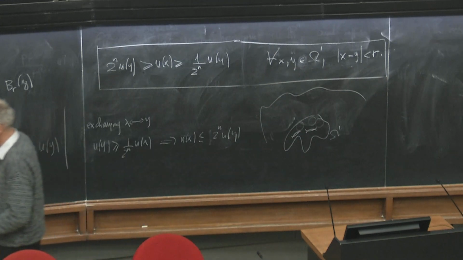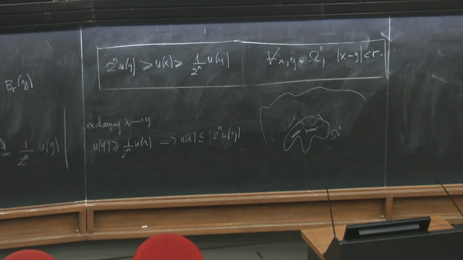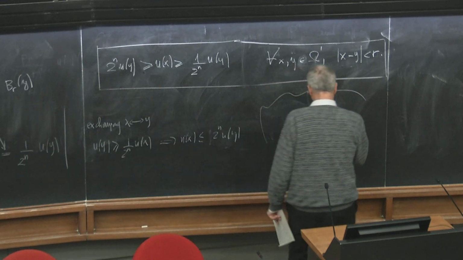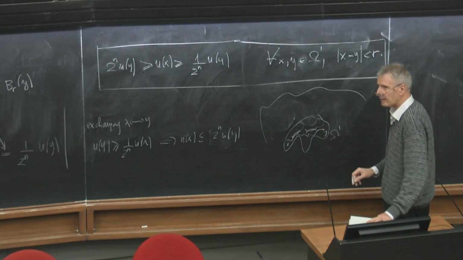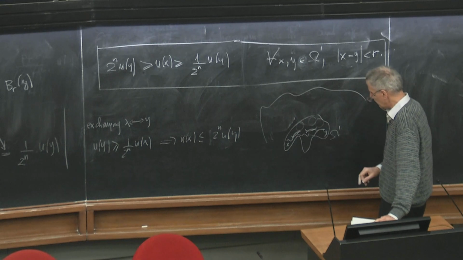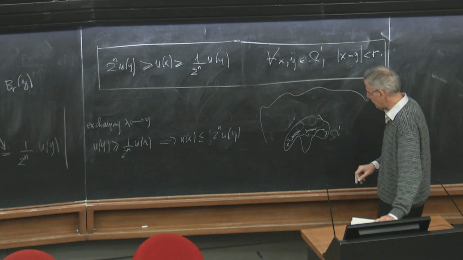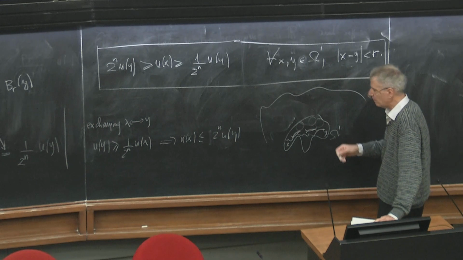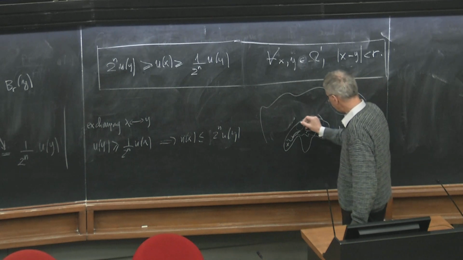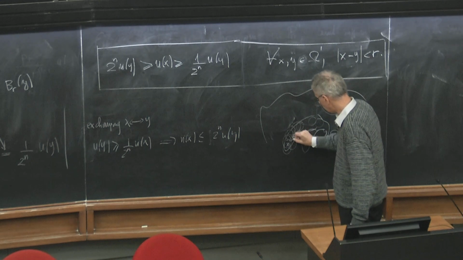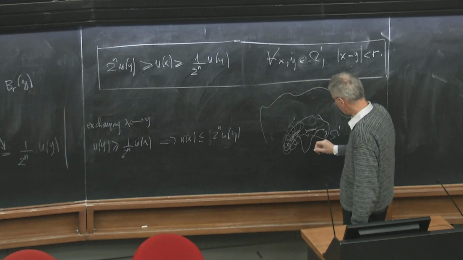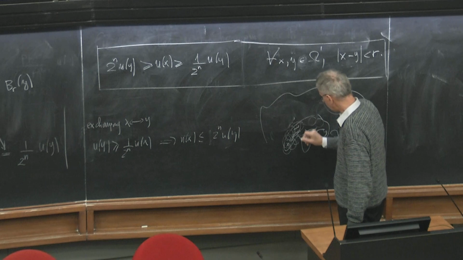By assumption, omega prime is open and connected, therefore, given 2 points, even far from each other, x and y, this open and connected set is pathwise connected, so I can always join them by a path, but also omega prime bar is compact, so I can find a finite number of balls essentially covering all the omega prime, and in each ball I can do the estimate, no?